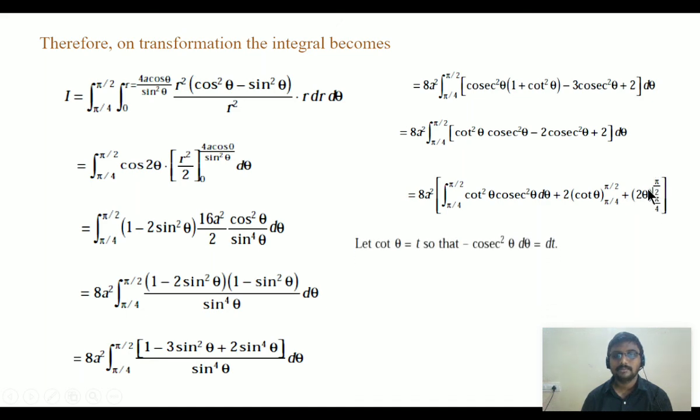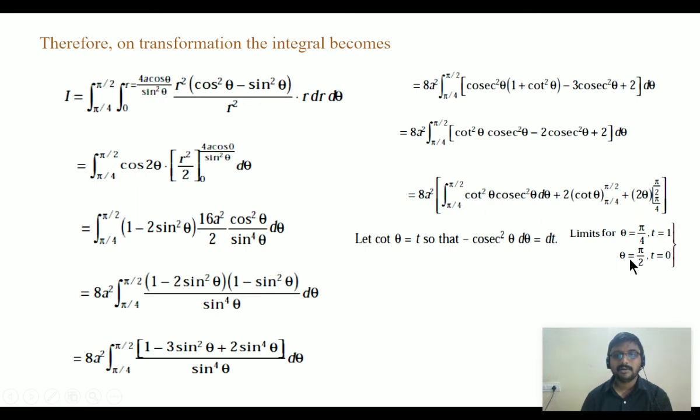Putting cot theta equal to t, differentiating on both sides, minus cosecant square theta d theta is dt, and changing the limits also. When theta is pi by 4, cot pi by 4 is 1, so t is 1.